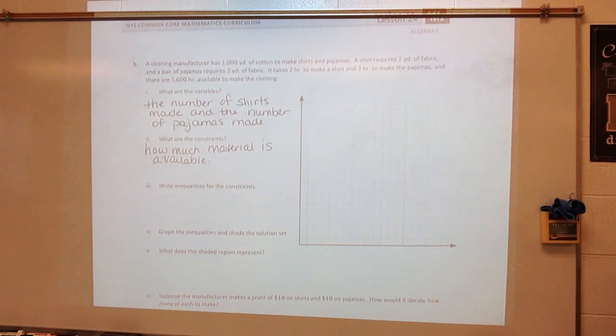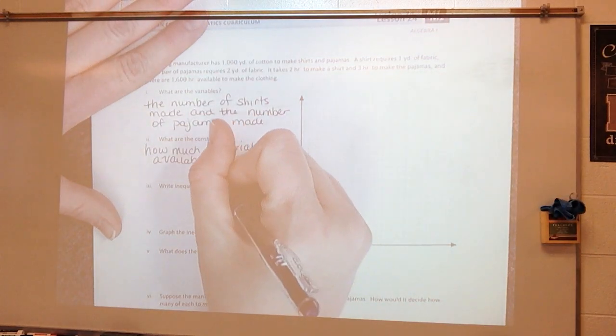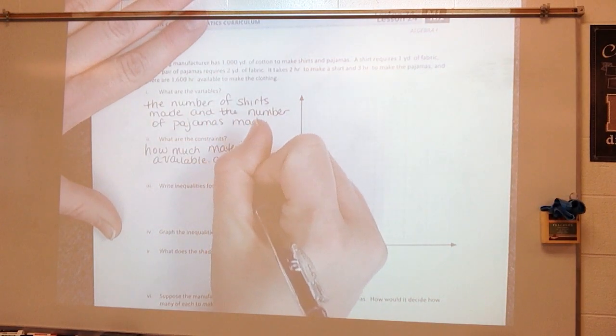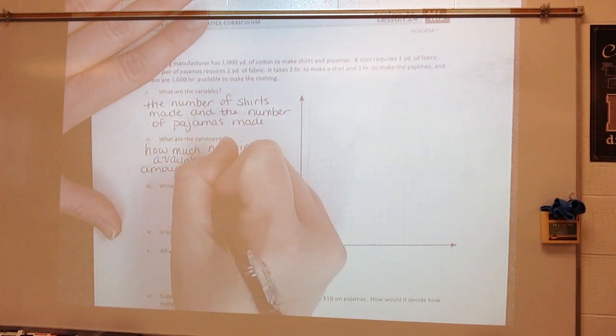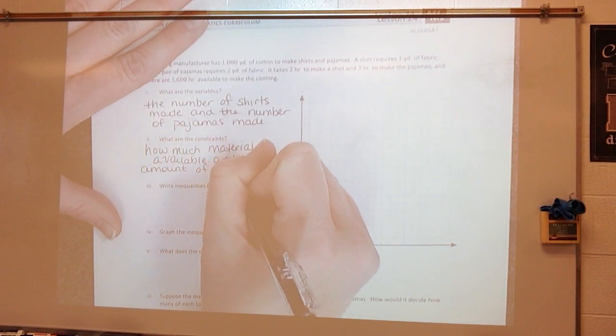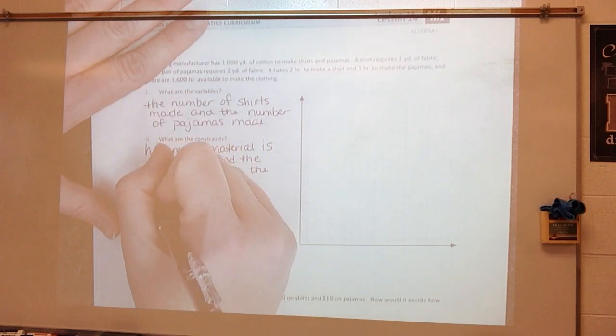The other constraint that I have is the number of hours they have available to work. So the amount of time the manufacturer has.